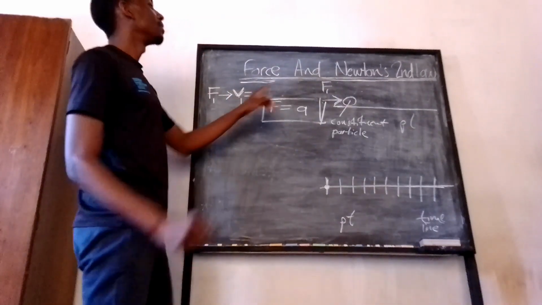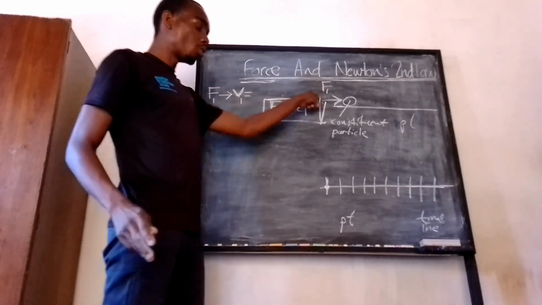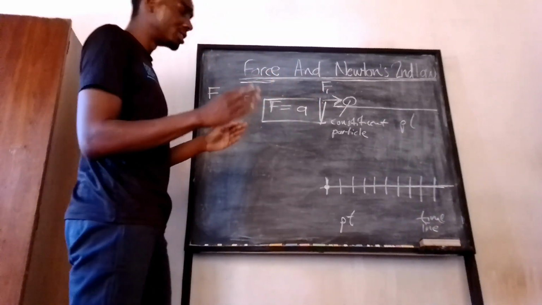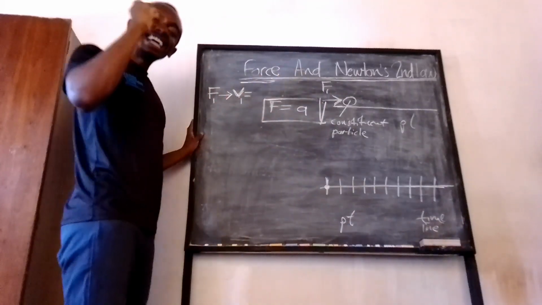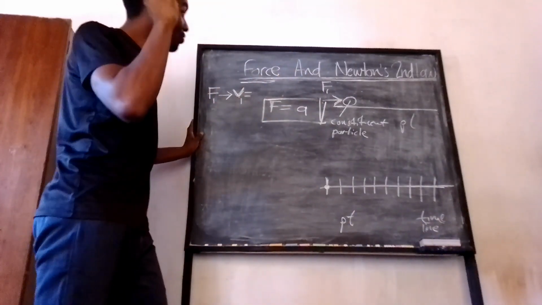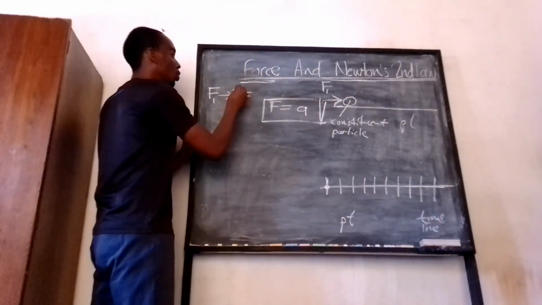Okay, so if I apply a single force F1, this force corresponds to a certain velocity. This force produces a single unique velocity in this constituent particle, and this is the velocity we're calling v1.